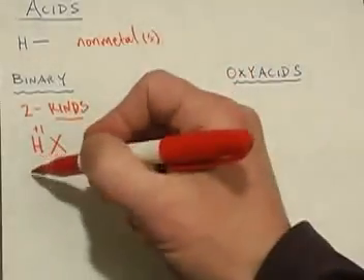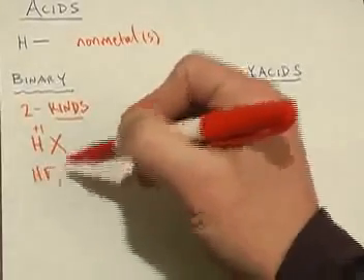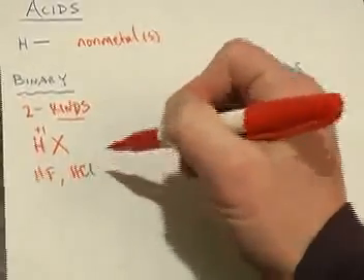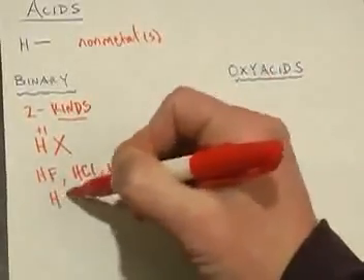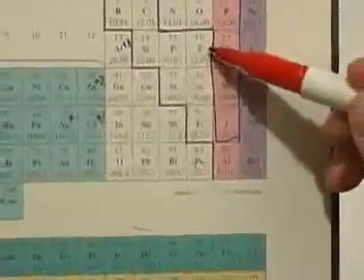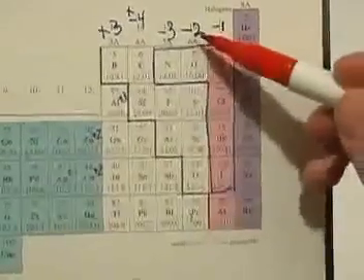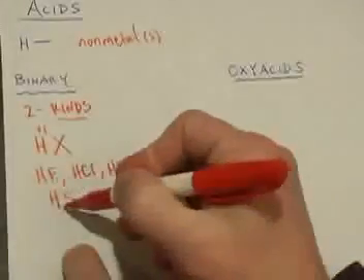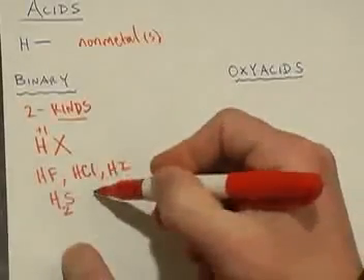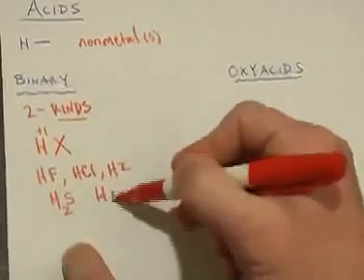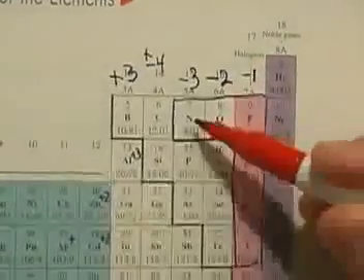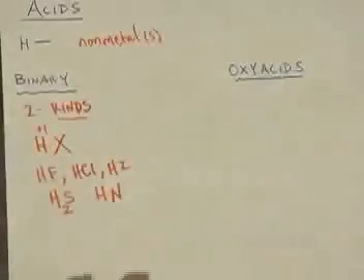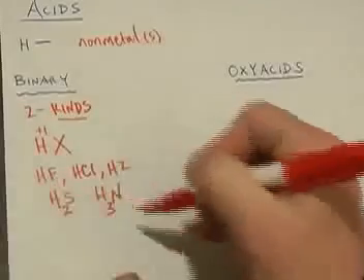So for example, binary acids could be HF, HBr, HCl, HI, or it could be put together with sulfur, and since sulfur is in group 16 and has a -2 charge, I'd drop the 2 down here and write it as H2S. Or I could have hydrogen and nitrogen come together, and since nitrogen is in group 15, it has a -3 charge. I could drop and swap that and I'd end up with H3N.